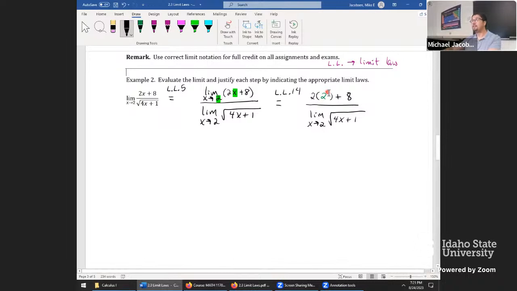Up above right here, then you would just get a result of 8 instead. You would have to have a 0 on this and a 0 on that, and you would be okay. You'd get something like 8 over 1, so a limit of 8 in that case. If this was a 0 right here and a 0 right here, the underlying limit would come out as an 8 altogether.